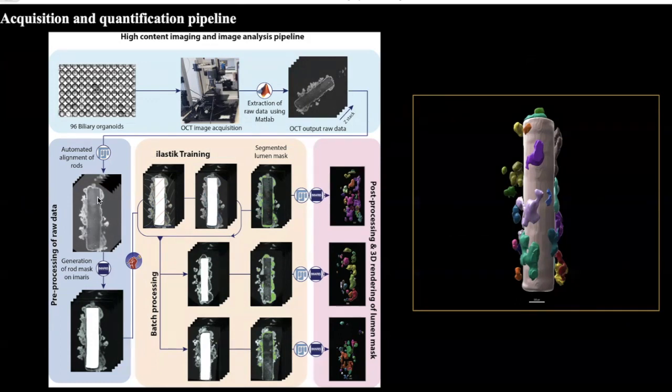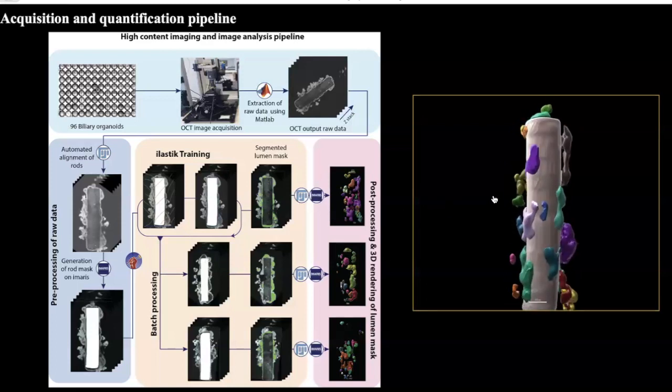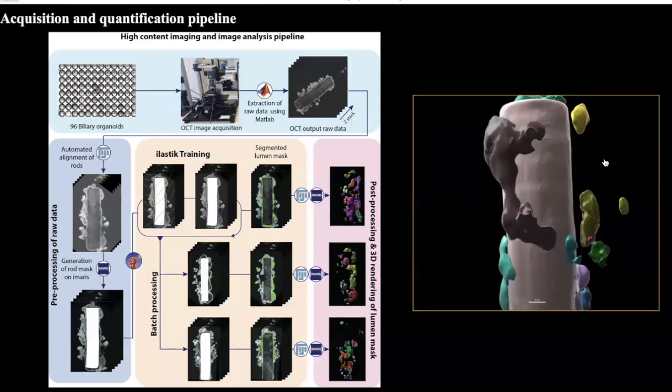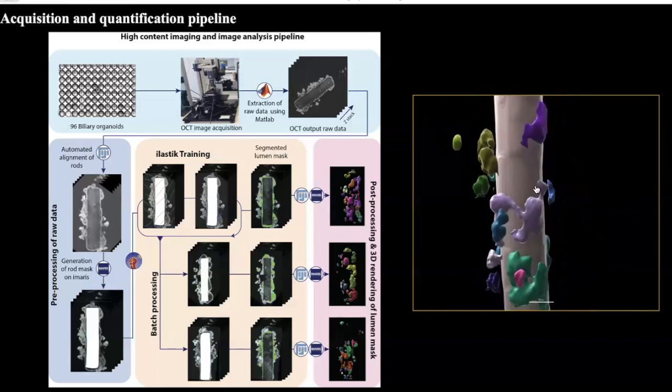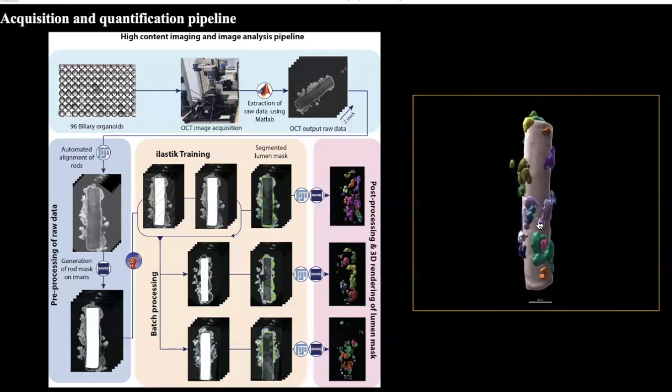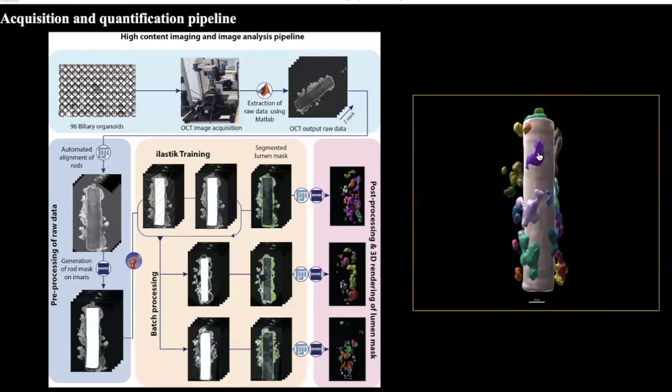After that, we had a whole process of realigning all the rods and all the stacks together and training different kinds of AI-based segmentation processes so that the system discriminates between the rod area, the cell area, the background area, as well as the luminal area. In the end, we were able to reconstruct in 3D the luminal area for each of the organoids and each of the rods.